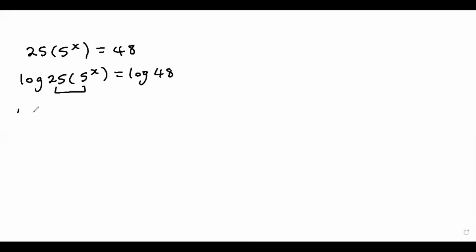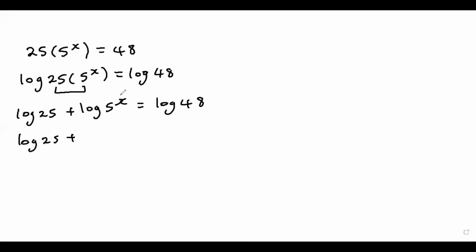So we have log 25 plus log 5 to the x being equal to log 48. Because the power is here, we have to take the power to the forefront. So that's x log 5 being equal to log 48.